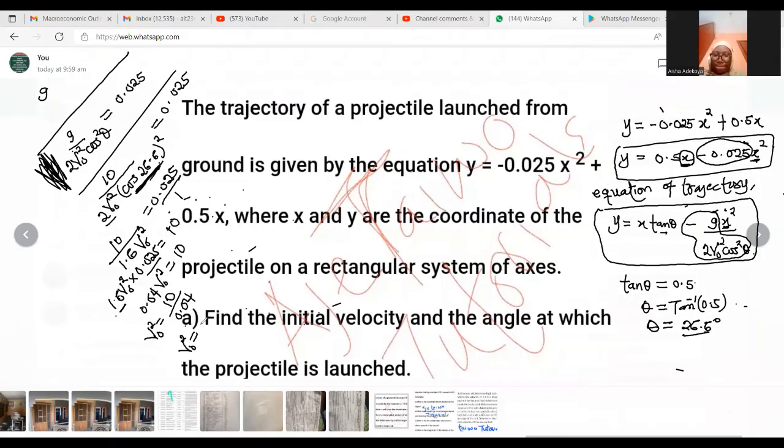Aisha, I can't hear you. Okay. So what's now v naught? Now square root of 250. So give me the square root of 250. 15.8 meters per second.